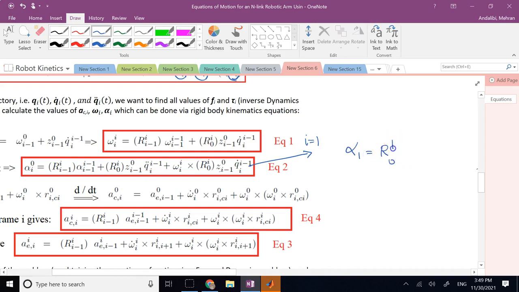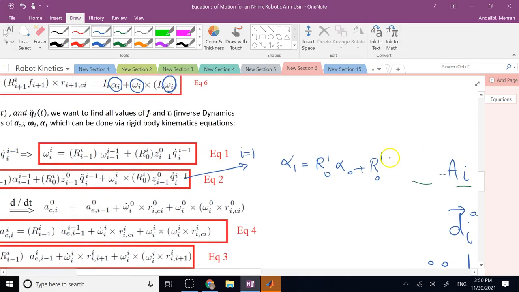R of 0 in 1, alpha of 0, and then plus R of 0 in 1, z of 0 in 0, q1 double dot in 0, and then plus R of 0 in 1, z of 0 in 0, and then q1 dot in 0.